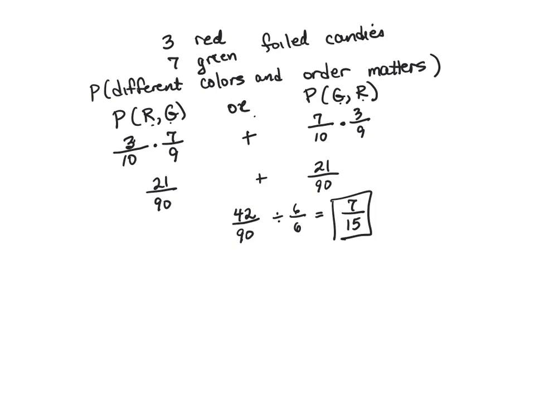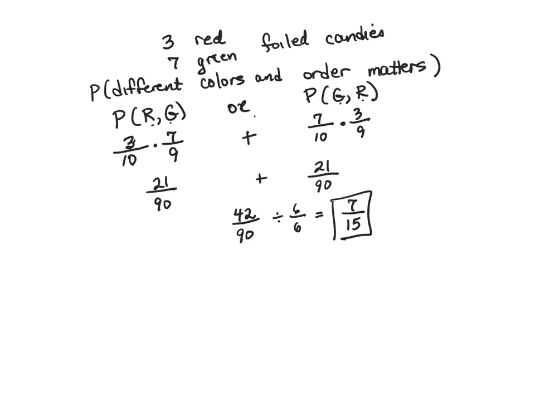So we have 3/10 times 7/9 plus 7/10 times 3/9. And when we work that out, we get 7/15. So we see this, there's a marriage between permutation and combinations, depending on how we look at it.